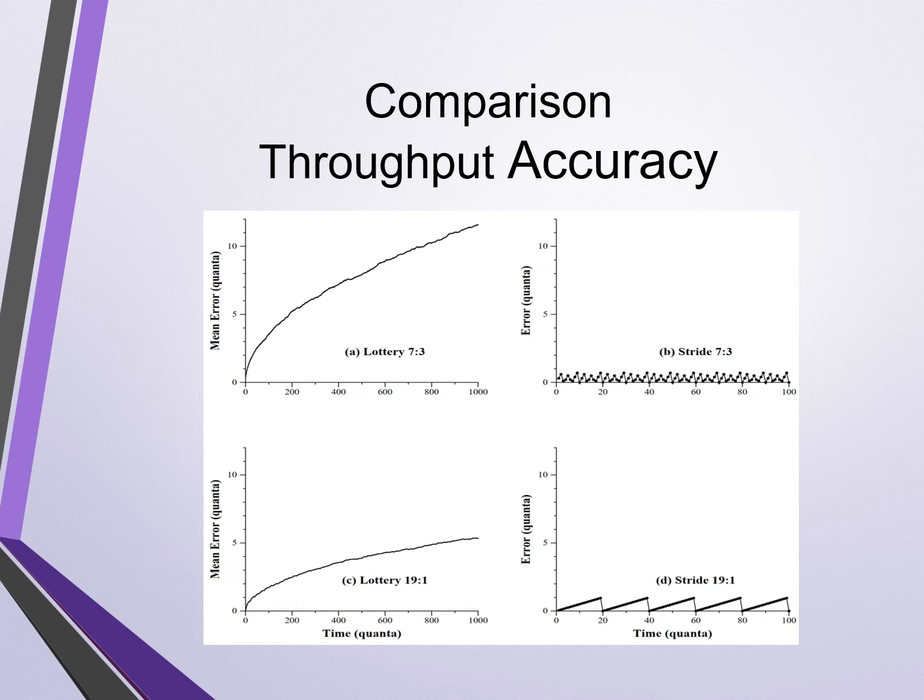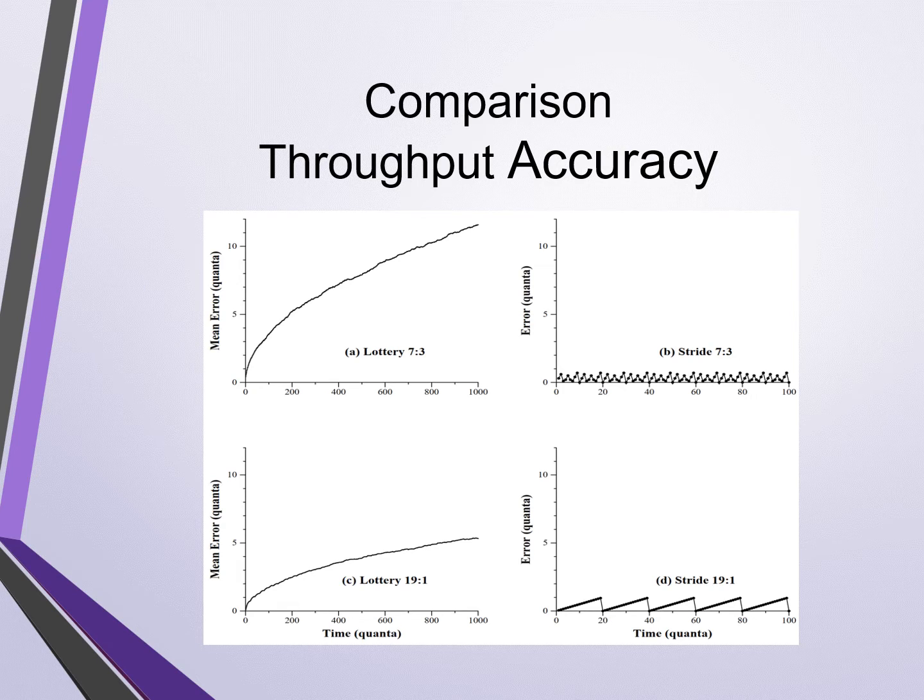Mean lottery error averaged over 1,000 separate runs is chart A. Chart B is stride scheduler error for a single 7 to 3 run, and that's a huge improvement.